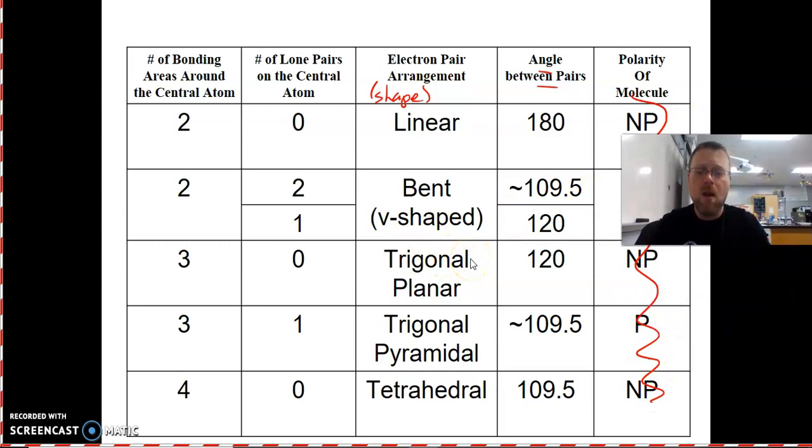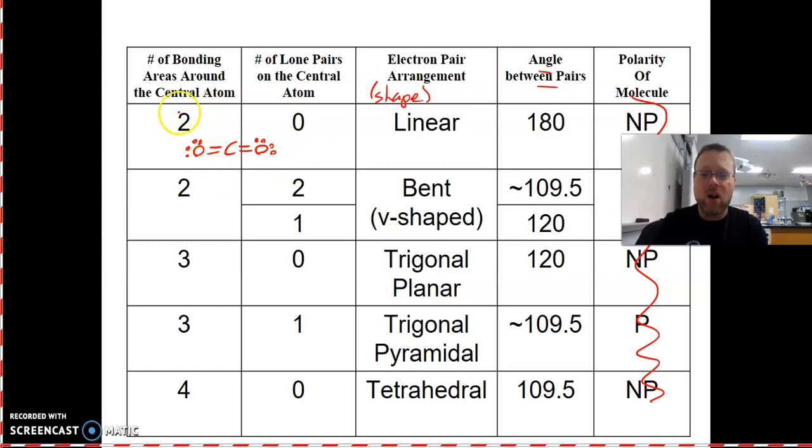Okay. All right. So you can see here that there are different combinations of the number of atoms connected to the middle and the number of lone pairs. An example of this first scenario might be, suppose you had a CO2 molecule and you had a carbon that was double bonded to a couple of oxygens, something like this, in a Lewis dot structure.